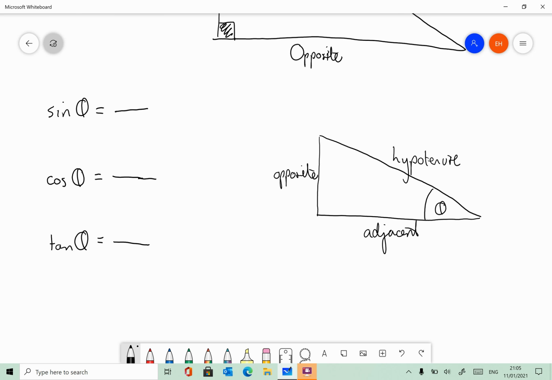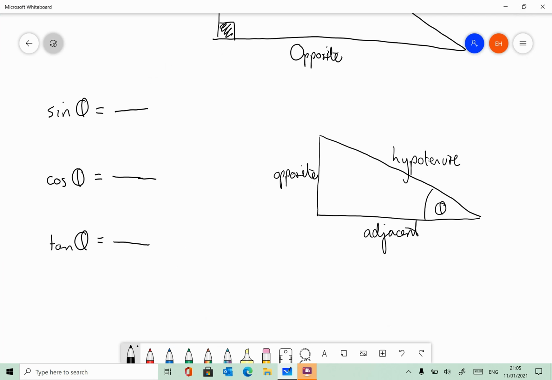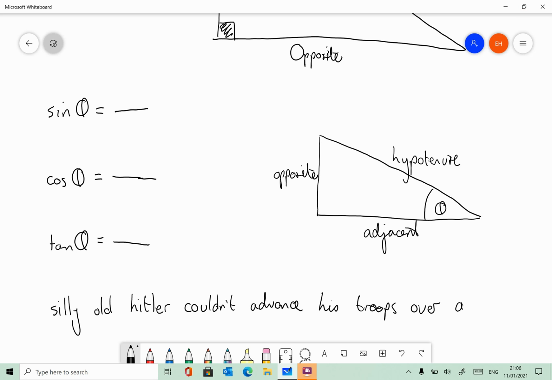And the way we work this out is through a mnemonic called: silly old Hitler couldn't advance his troops over Africa.